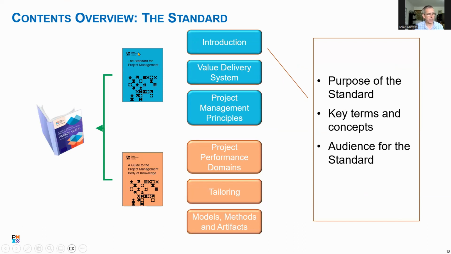So the standard for project management starts off with an introduction, and then we have a totally new section for the 7th edition, the value delivery system, and it talks about how projects and product development are vehicles for value delivery.